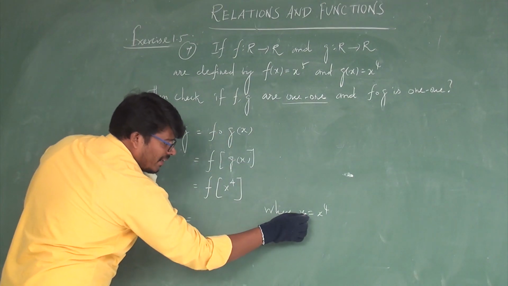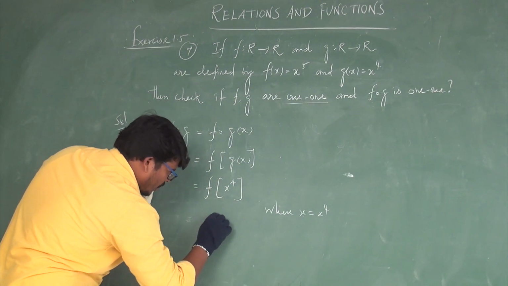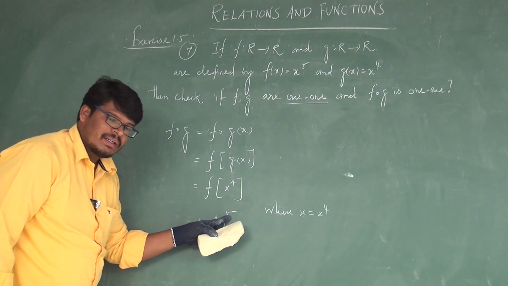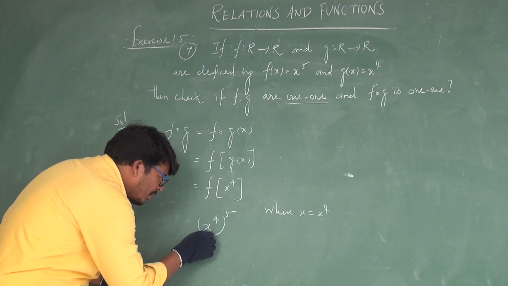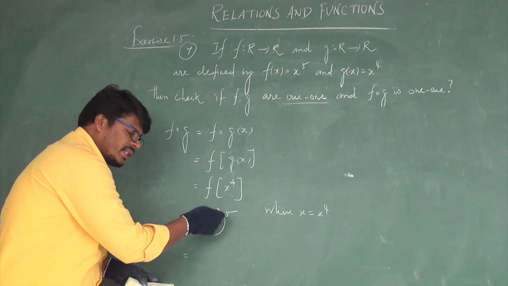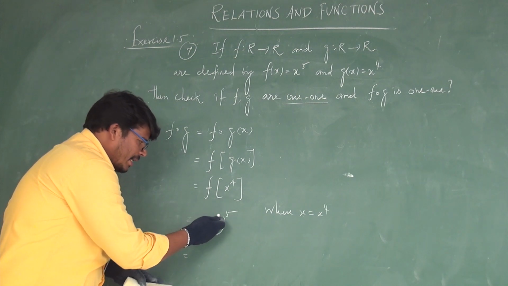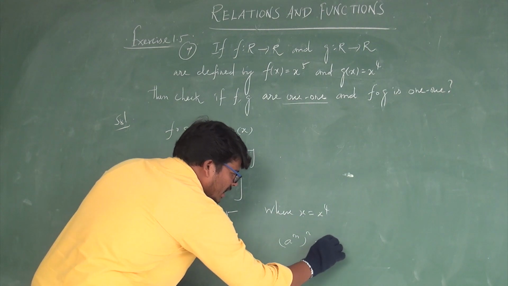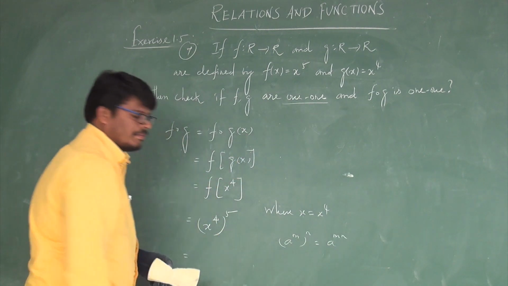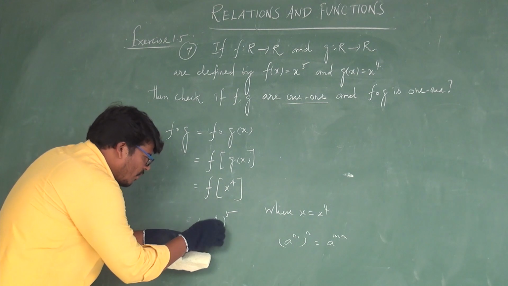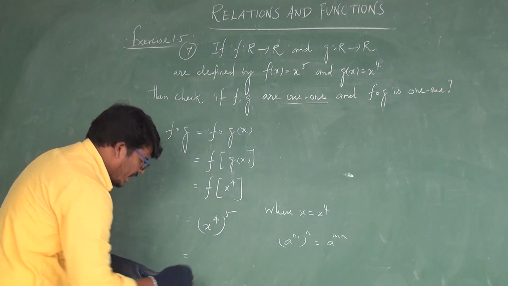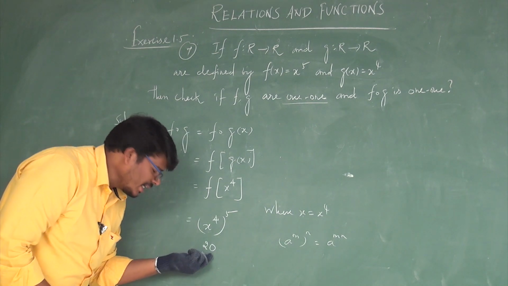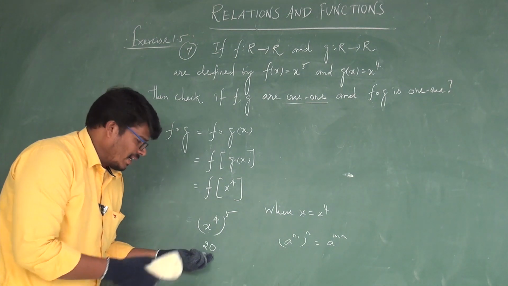Now substitute x power 4 whole power 5. Using the power rule, m power n whole power is a power of m times n, so x power 4 whole power 5 is 5 fours are 20, that is x power 20. Where 20 is an even number.